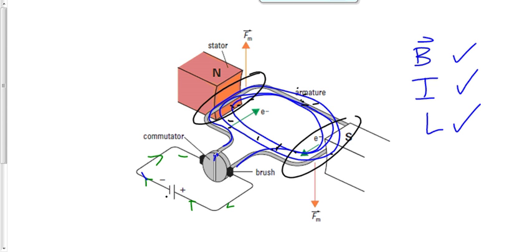The electrons would go here and say, oh, look, that's an easier path. They just short. That's what we call a short circuit, when electrons take an easier path and avoid the path that we wanted them to go through. Good question.